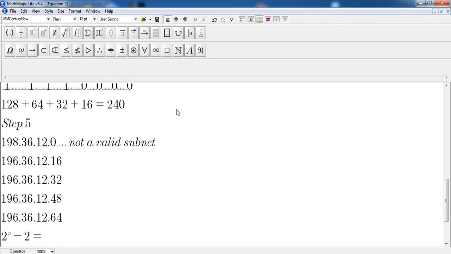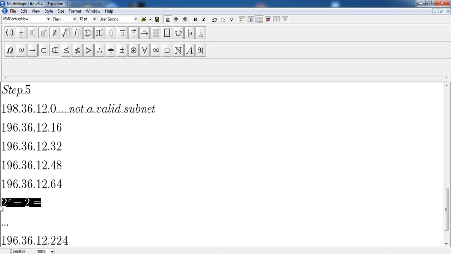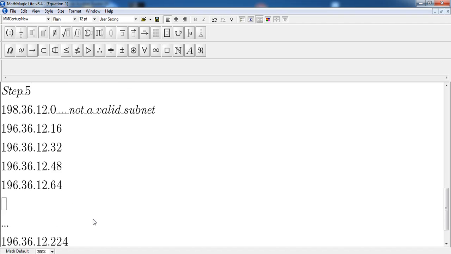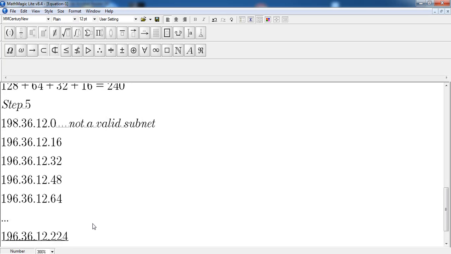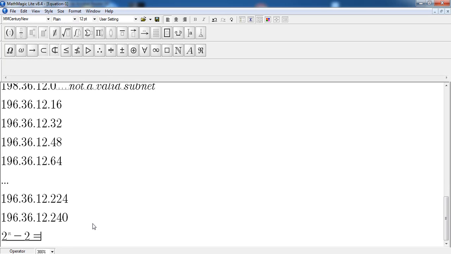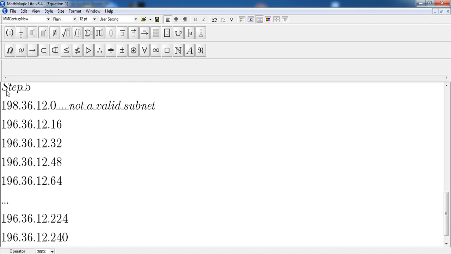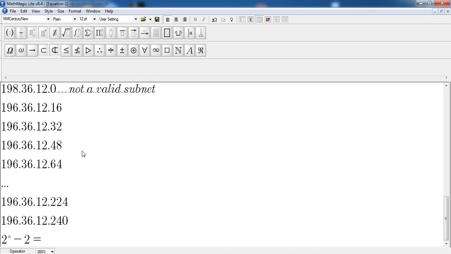Again, the 2 that we are subtracting actually comes from the first subnet ID and the last, which is not usable.